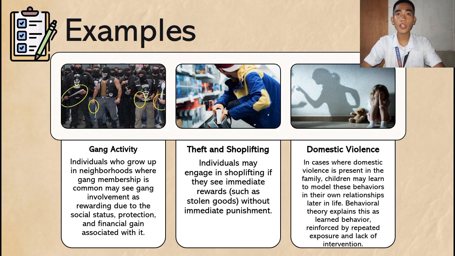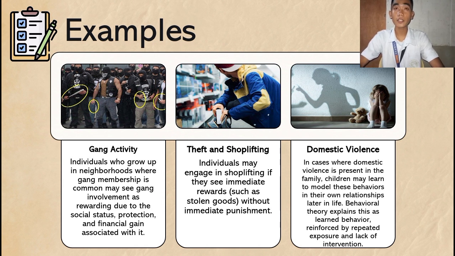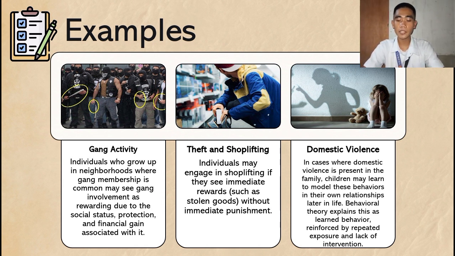Examples of behavioral theory. First is gang activity. Individuals who grow up in neighborhoods where gang membership is common may see gang involvement as rewarding due to the social status, protection, and financial gain associated with it.